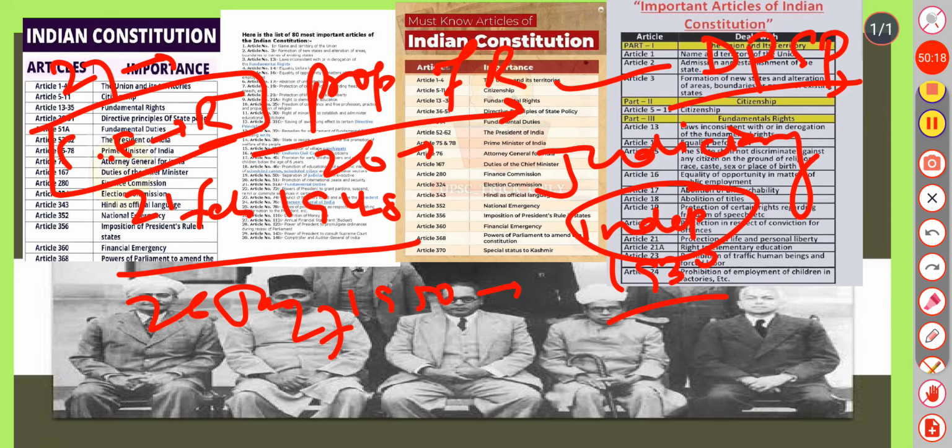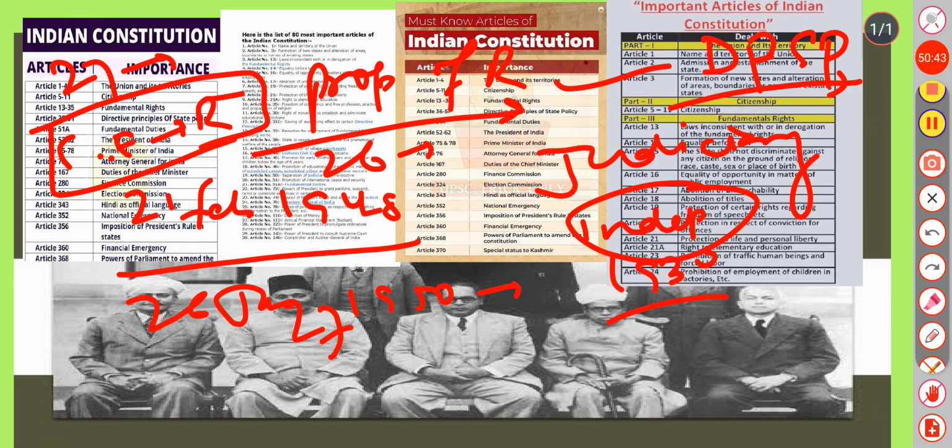Now Article 49, protection of monuments and places and objects of national importance. Now Article 50, separation of judiciary from executive, and Article 51, promotion of international peace and security.